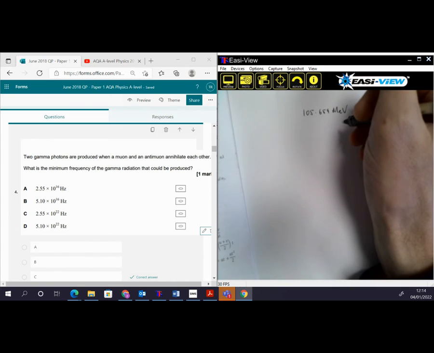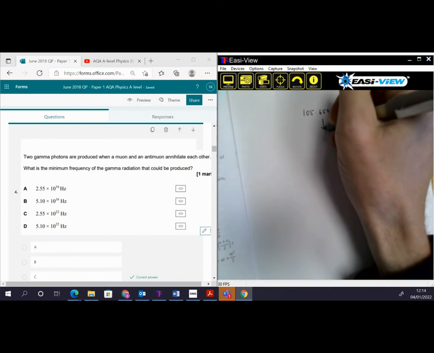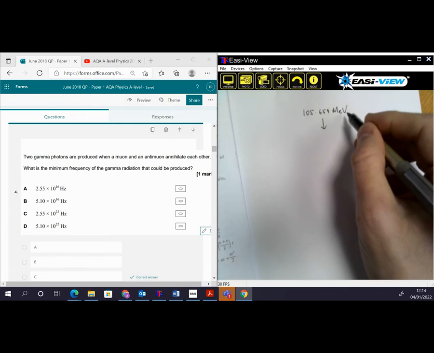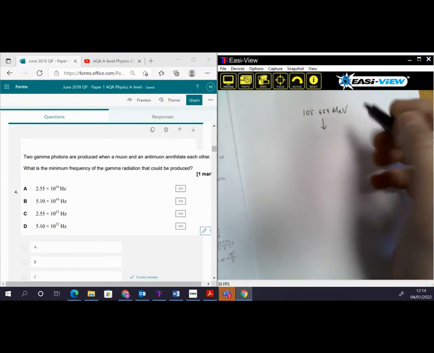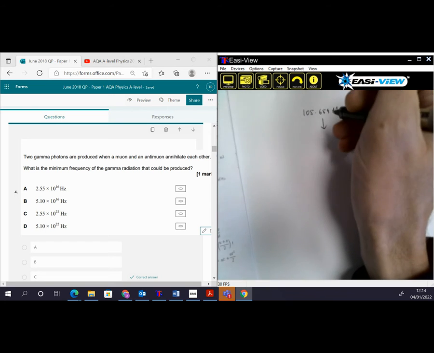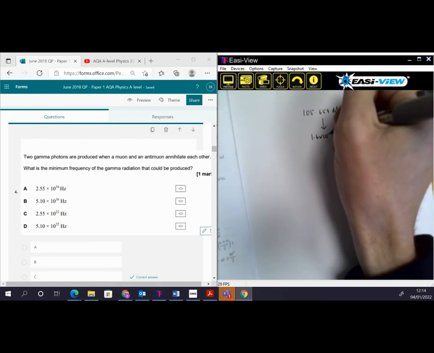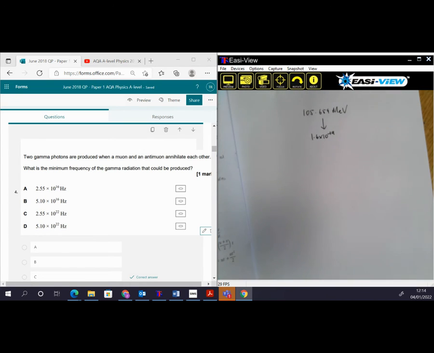I can convert it into joules. So by converting it into joules, this is going to be a very large number in eV, because eV is a tiny unit of energy. And converting it into joules, I multiply it by 1.6 times 10 to the negative 19, and that will end up with a much, much smaller number.